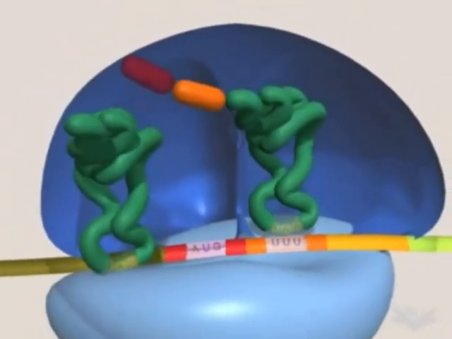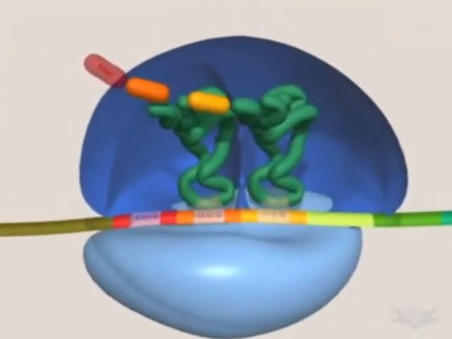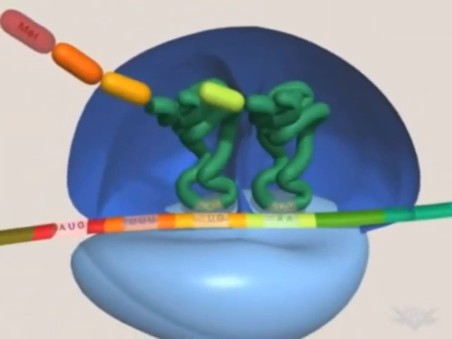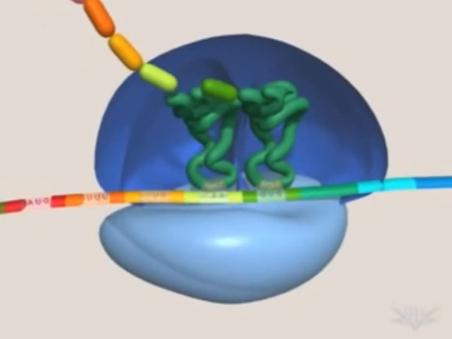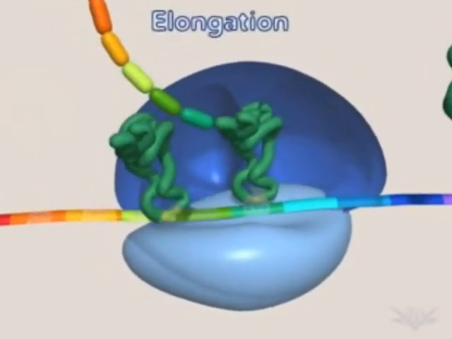The first transfer RNA exits and the ribosome moves along the mRNA, and the next transfer RNA enters. The process continues and the amino acid chain elongates with the addition of new amino acids. This is elongation.